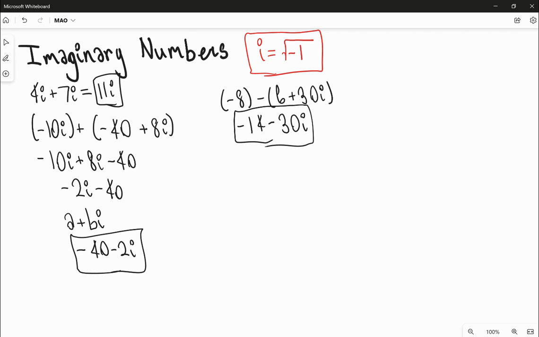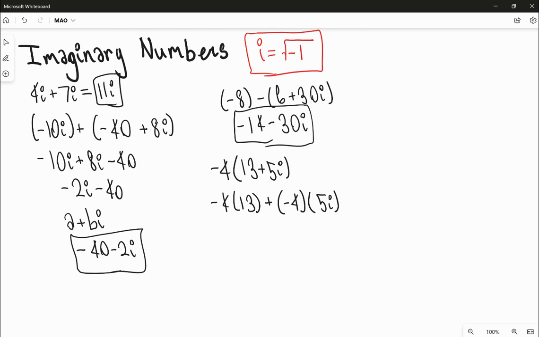Let's distribute a negative, so -4 times 13 plus 5i. So that's the same thing as -4 times 13 plus -4 times 5i. So -4 times, oh, this is 13, not 15, sorry.